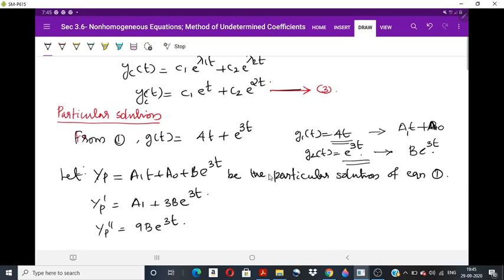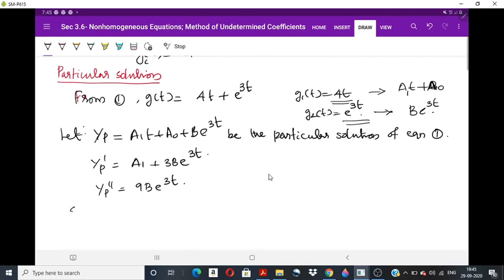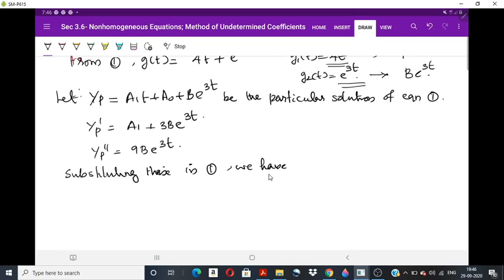So substituting these values in equation 1, we have the left side of the equation, y double dash minus 3y dash plus 2y.